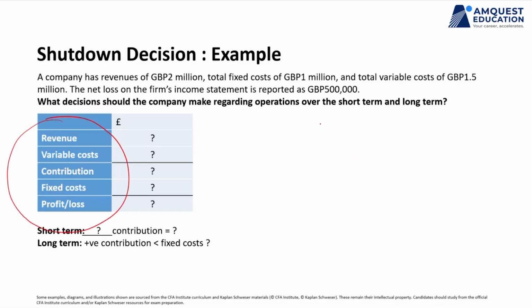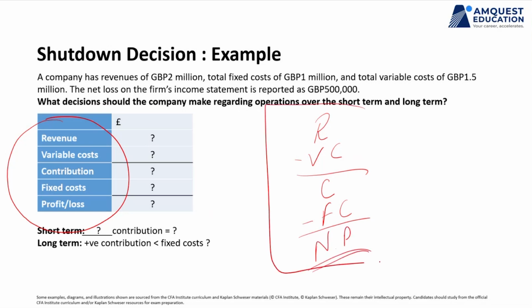Revenue, variable cost. If you remove that, you get contribution. If you remove fixed cost, you'll get net profits. Clear? Okay. Revenue minus VC gives you contribution, minus FC gives you net profits. So this is very important for making a decision of whether I should continue or I should shut down.